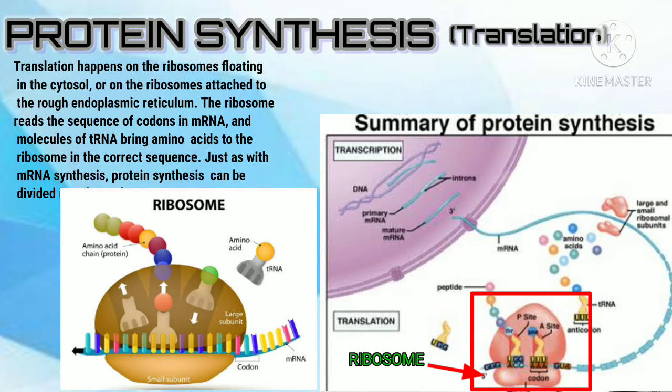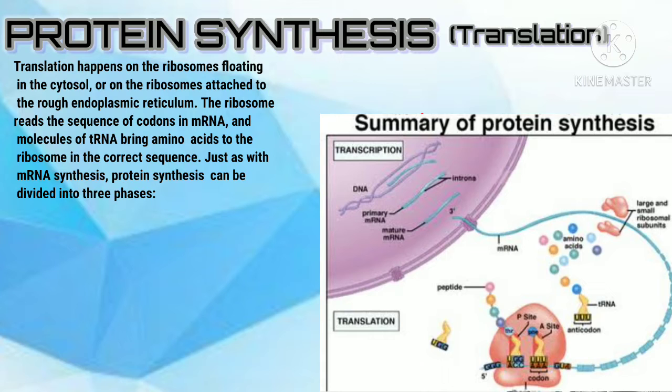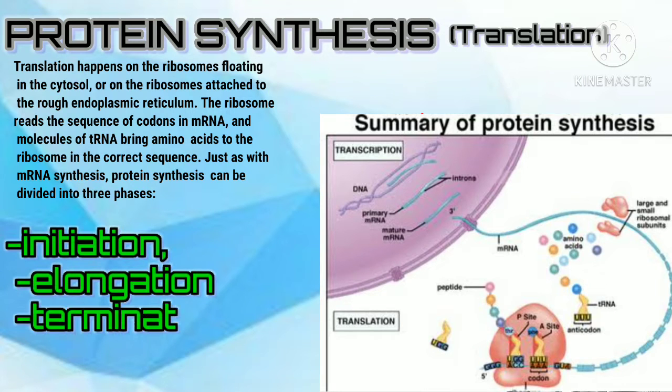The ribosomes read the sequence of codons in mRNA, and molecules of transfer RNA bring amino acids to the ribosomes in a correct, perfect sequence. Just as with mRNA synthesis, protein synthesis can be divided into three phases: initiation, elongation, and termination.